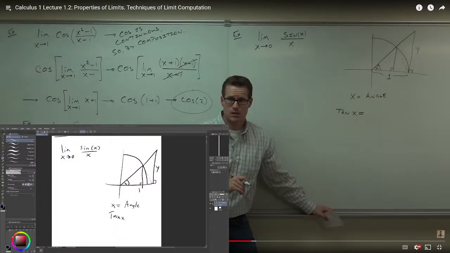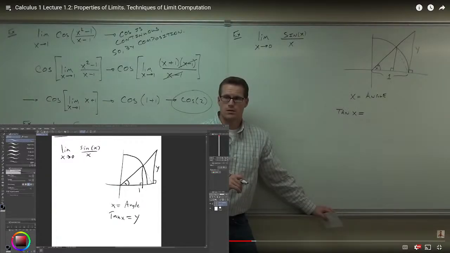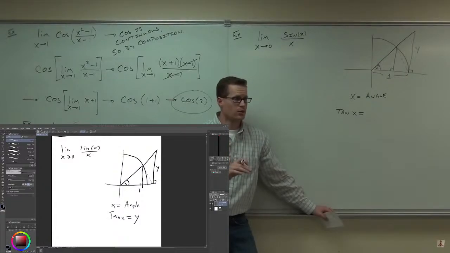Y over 1, y. Sine over cosine, yes, in the specific instance with a large triangle. Tangent is opposite over adjacent, true?